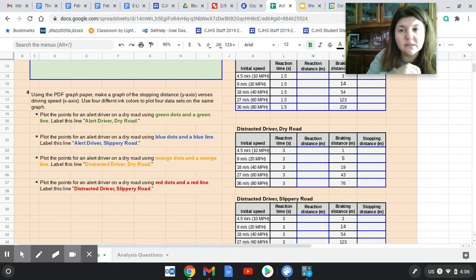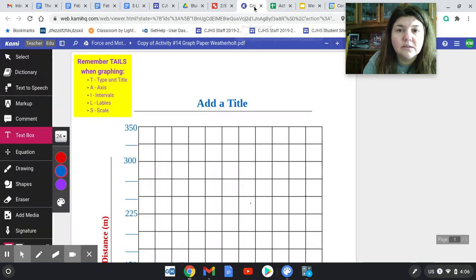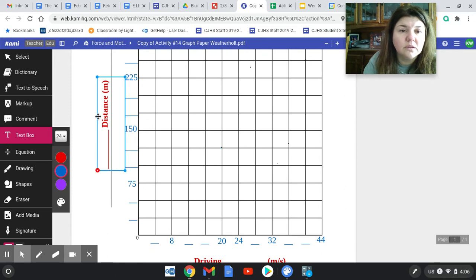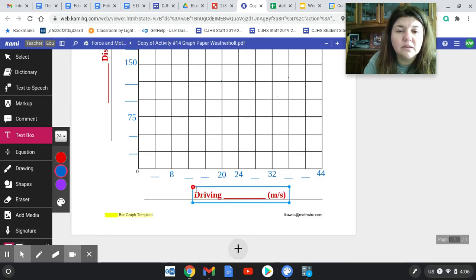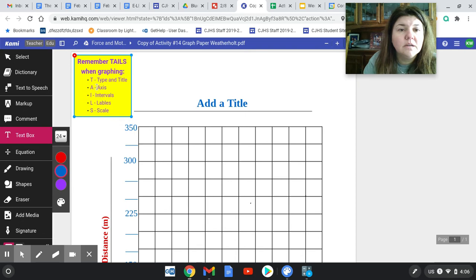If I shake my head yes, it goes up and down, and that means the stopping distance is going to be on the vertical axis. So here's our stopping distance, and here is our driving speed or initial speed. Okay. So that is the axes, and I kind of showed you the labels, but you need to complete the labels on yours.